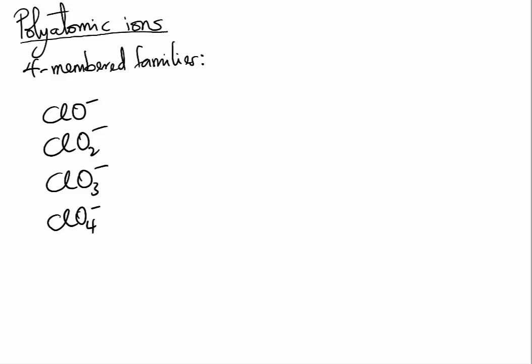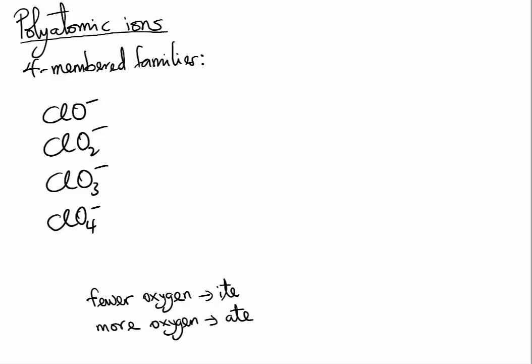We will still use the idea that the member with fewer oxygen should end with ITE, and the member with more oxygen should end in ATE. There is just one little problem. There are 4 of them. So using this idea is not going to solve the problem.